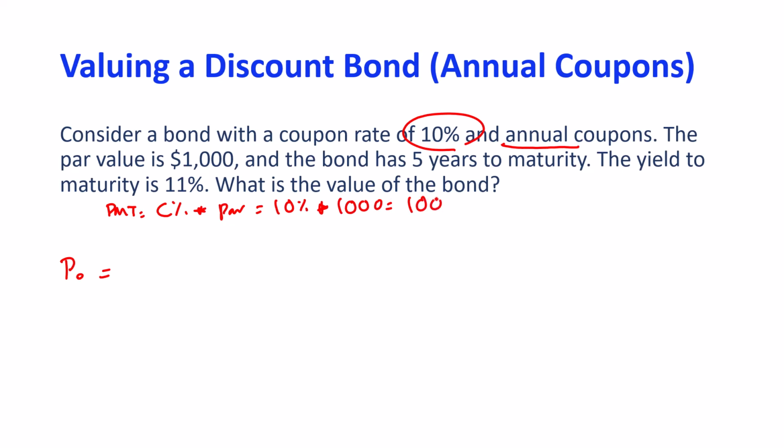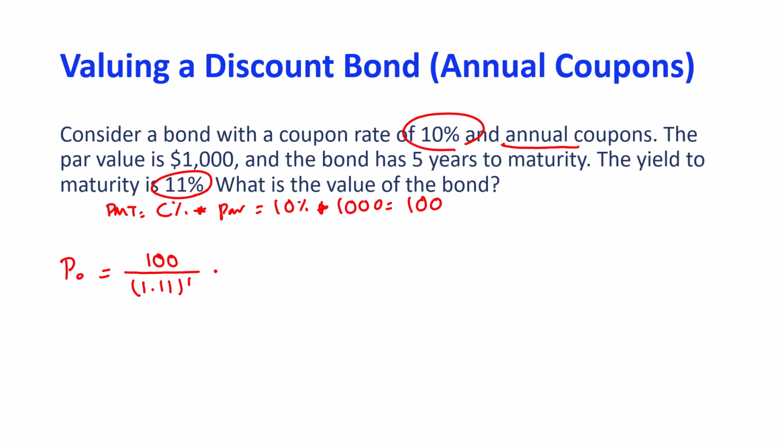So you'll have $100 every year. And so the way we find a price, it would be $100 divided by 1.11. Remember, this is your discount rate. Coupon rate is not your discount rate.